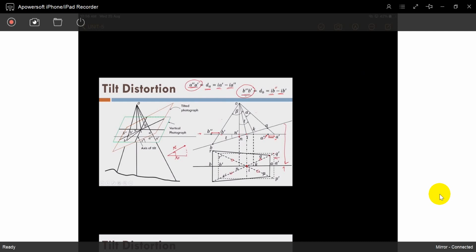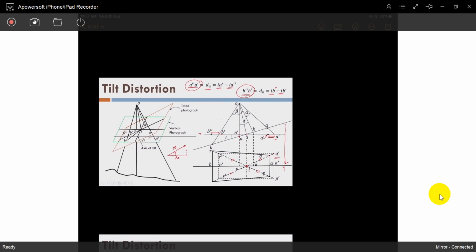So tilt displacement is defined as the radial distance, not exactly a perpendicular distance, from the isocenter to the image point on the equivalent vertical photograph minus the radial distance from the isocenter to the image point on the tilted photograph.